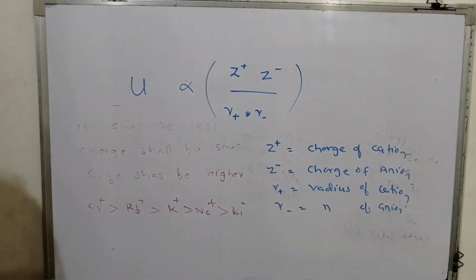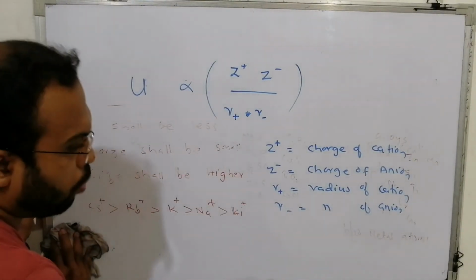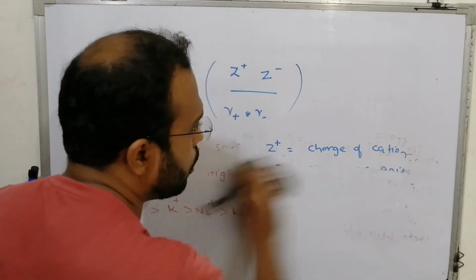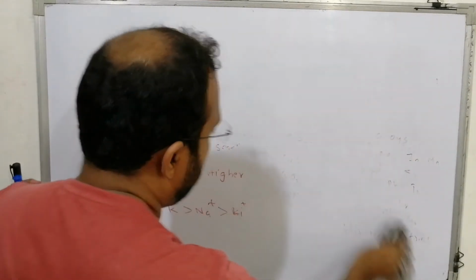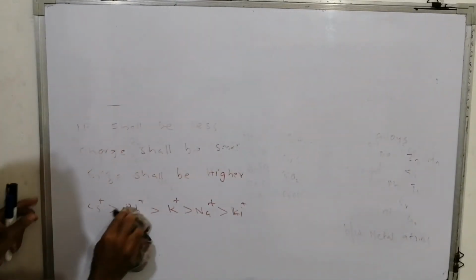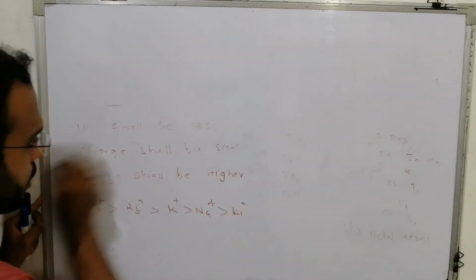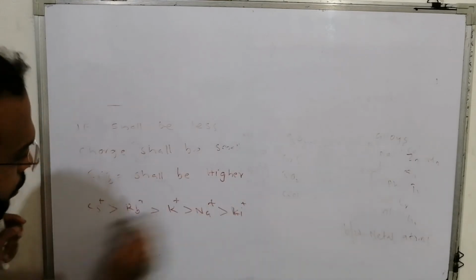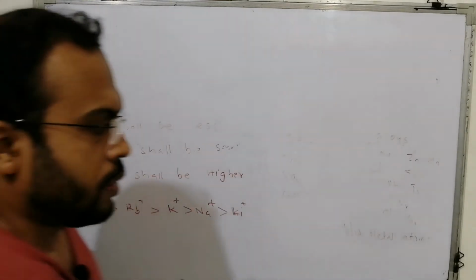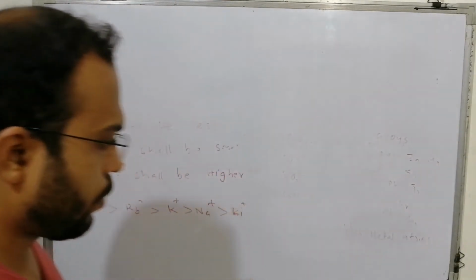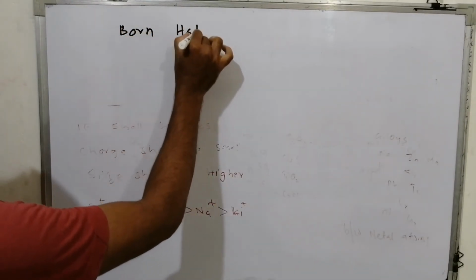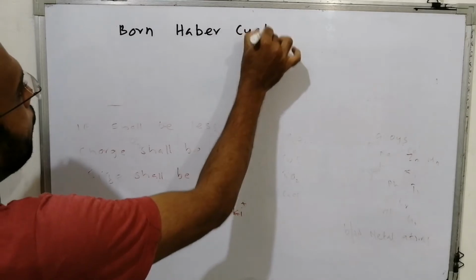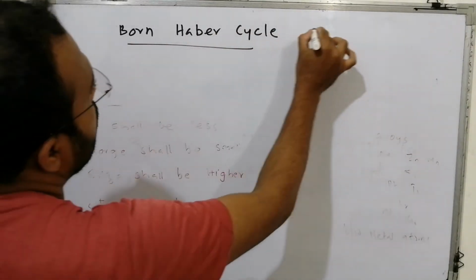Okay. Now let us go next to the Born-Haber cycle, or calculation of lattice energy.